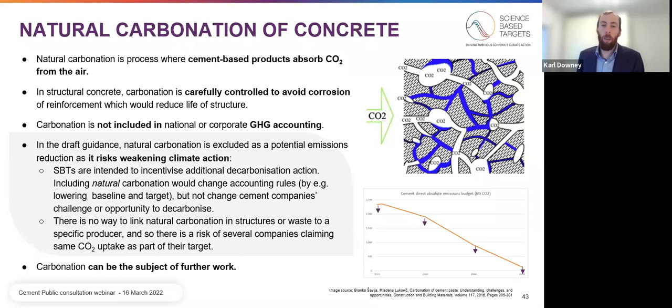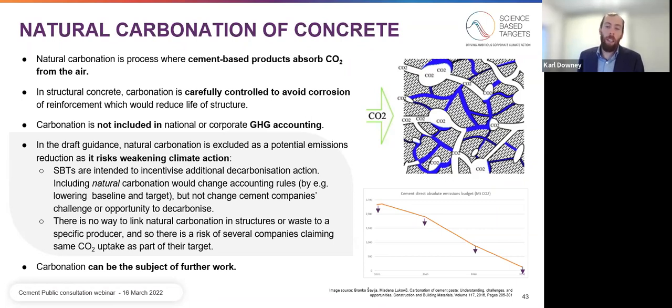And this is the process whereby cement-based products such as concrete absorb CO2 from the air. And it's a well-known and well-studied process. And in fact, it's carefully controlled in the design of structural concrete because it can lead to corrosion of reinforcement, which would negatively affect the durability of those structures. However, this carbonation is not included today in national or corporate greenhouse gas accounting.